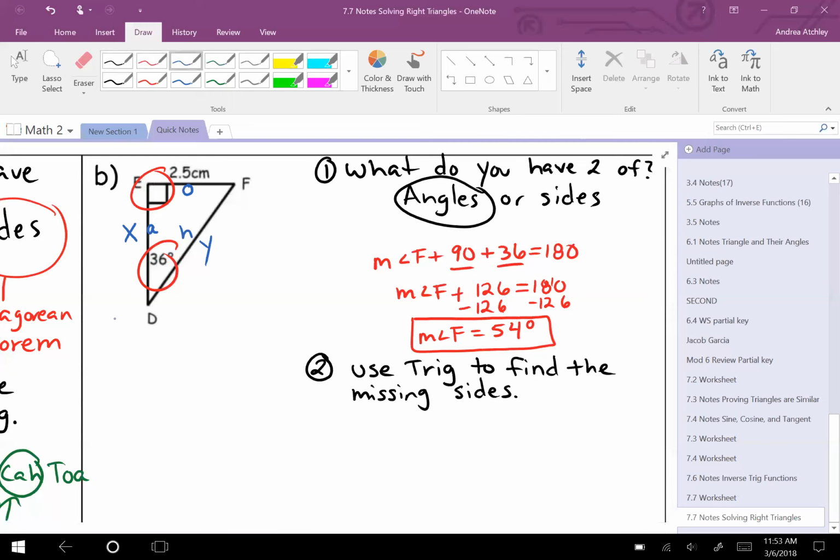Okay. Alex, which variable do you want to find first, X or Y? Okay, we're going to find X first, so I'm going to circle it. Since I have one variable, I can't use 2 variables in this. I can only use 1. So I have to use the side that I have, the 2.5. So let's figure out which trig function I'm going to use. SOH CAH TOA.